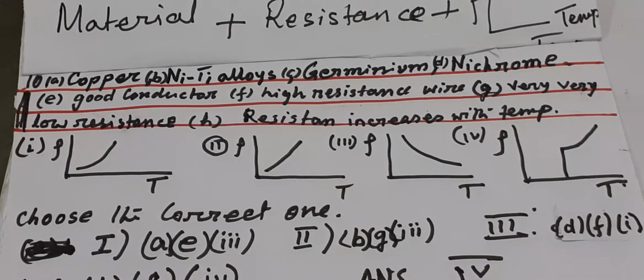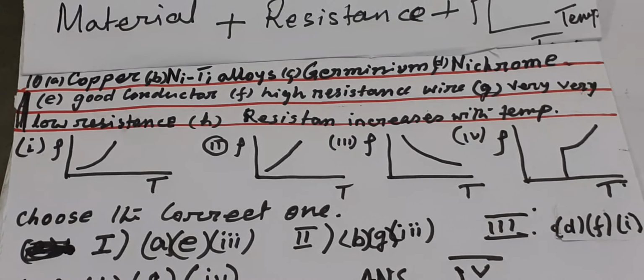All these points are given, and the diagrams are also provided. Now there are 3 choices given here. First choice given: copper, then good conductor, then diagram number 3.